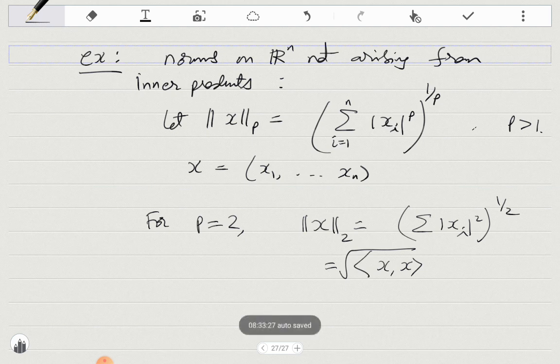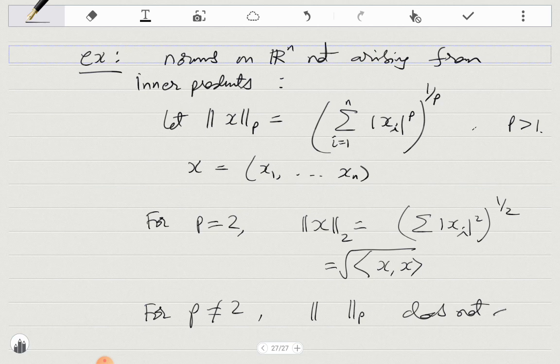So for p equals 2, it is indeed the case that this arises from an inner product. Now one can check that for p anything other than 2, this norm does not arise from an inner product.